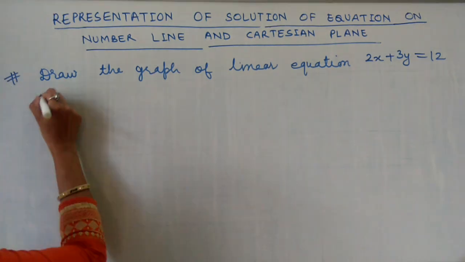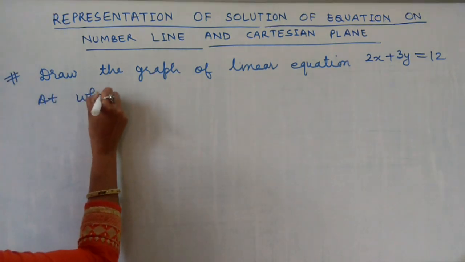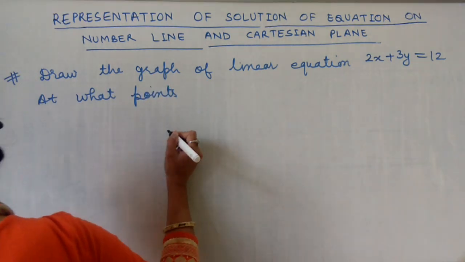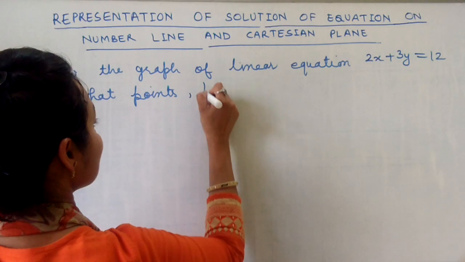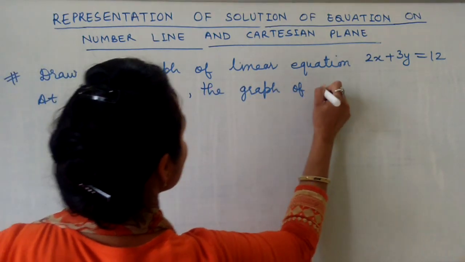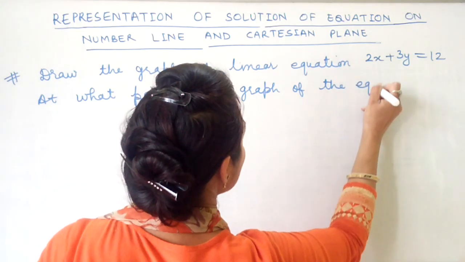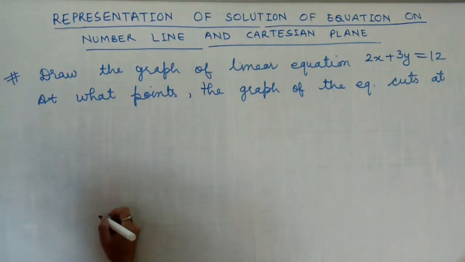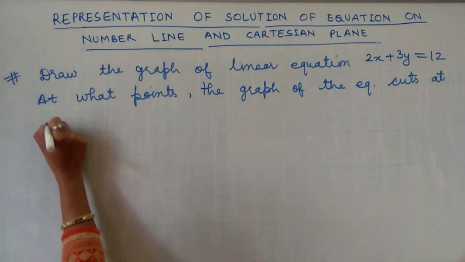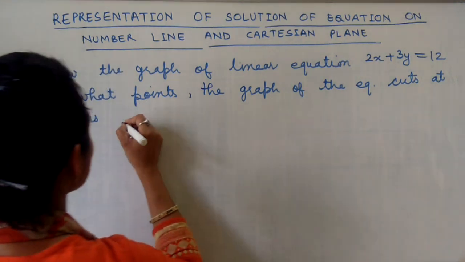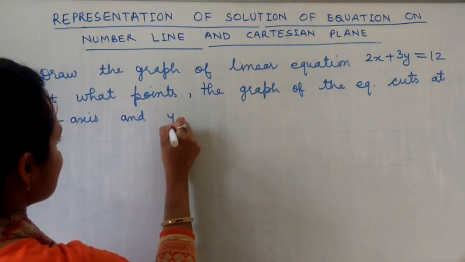At what points does the graph of the equation cut the x-axis and y-axis?